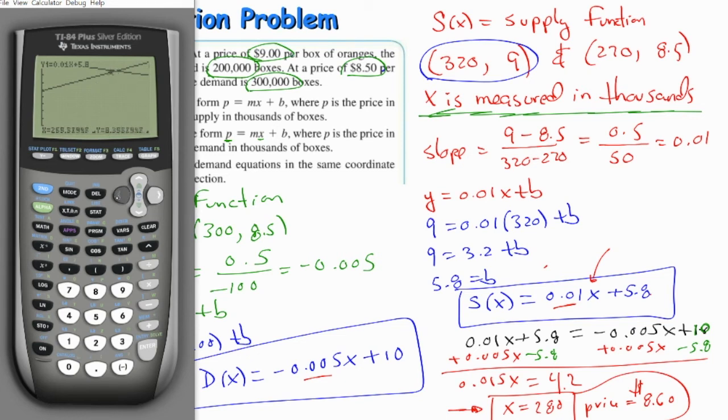Or notice above trace, there's a blue menu option called calc. So if we hit second and then calc, intersect is option 5, and we can hit enter, enter, and a third time, and it tells me it intersects at x equals 280 and y equals 8.60, which is the answer we got.